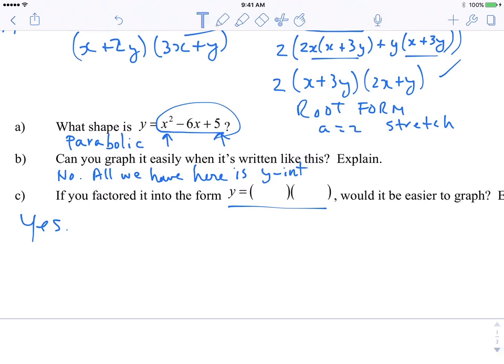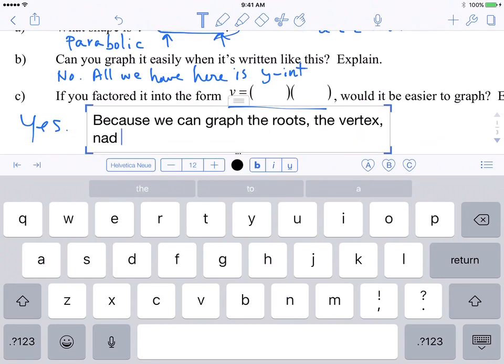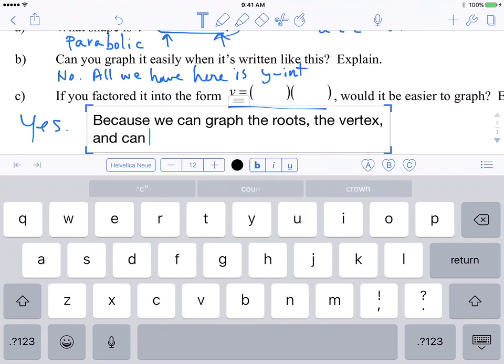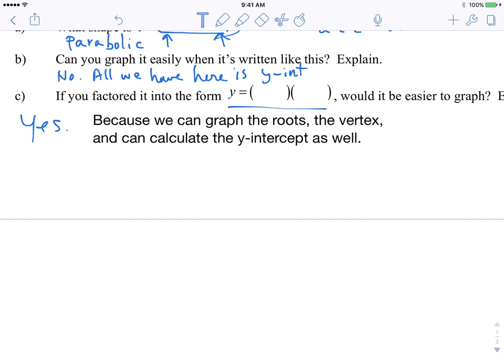And explaining why, we can graph the roots, the vertex, and we can calculate the y-intercept as well.